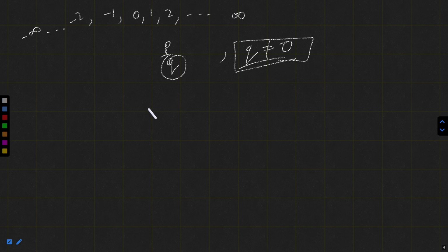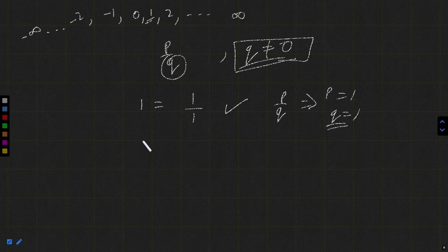Take any integer, let's suppose 1. Here 1 is our integer. I can write 1 as 1 upon 1, so it is of the form P upon Q, where P is 1 and Q is also 1, and Q is not 0. So I can say that 1 is a rational number.